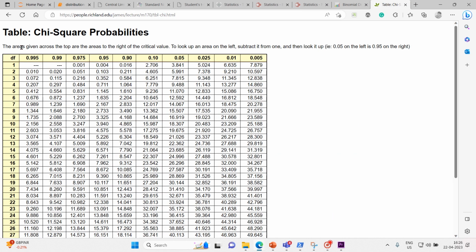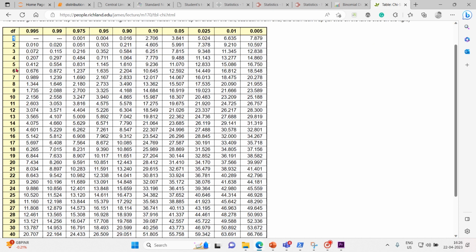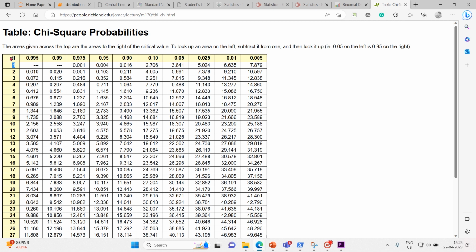Yep. So we got our degrees of freedom is 1 on rows. On the first column you have your degrees of freedom, as columns you have your levels of significance. So now the areas given across the top are the areas to the right of the critical value. To look up an area on the left, subtract it from 1 and then look it up. That is 0.05 on the left is 0.95 on the right.